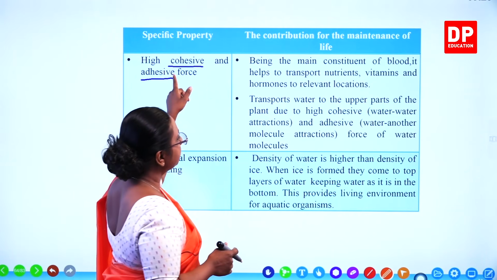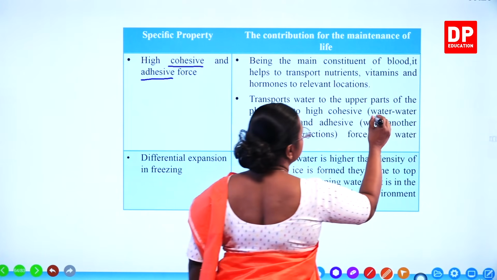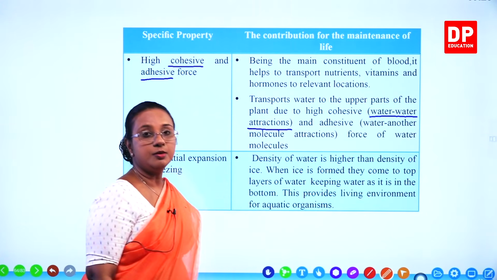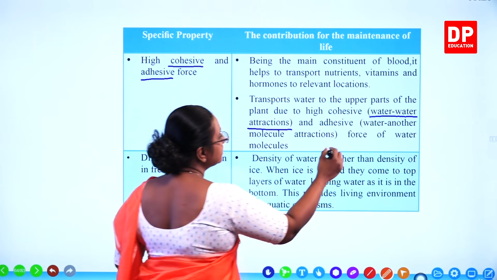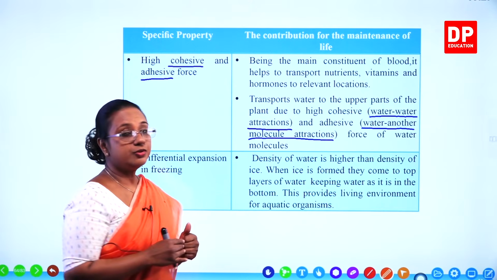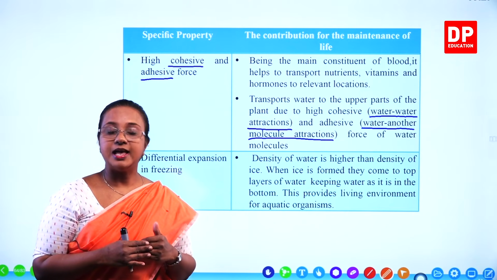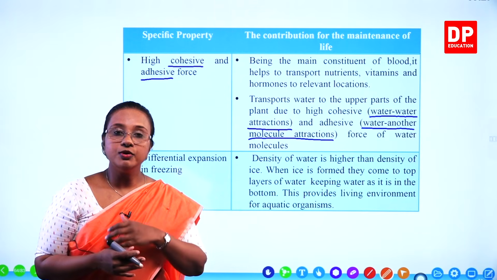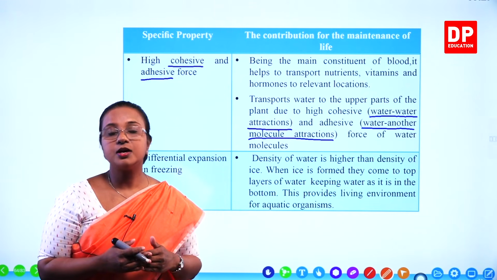So, the cohesive force as given here is the attraction between water molecules, and the adhesive force, water and another molecule attraction. Due to the high cohesive and adhesive force of water, it helps water to flow as a continuous column.